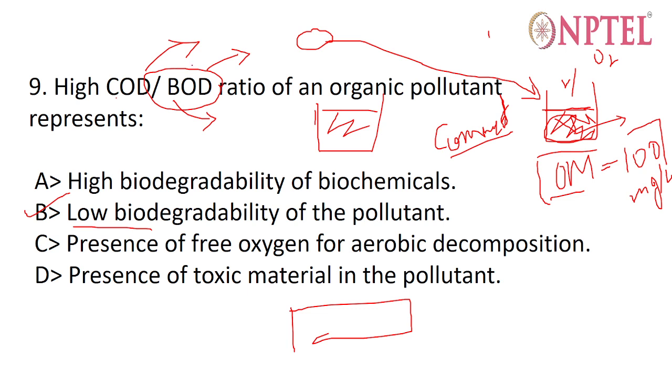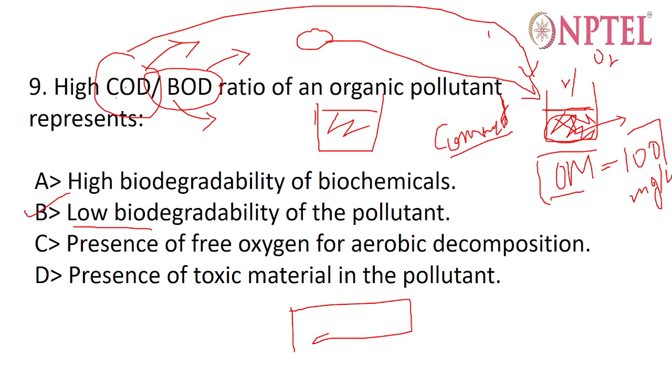So actually this BOD is consumed by the bacteria or the microorganisms, right? In case of COD, I will add some kind of chemical, maybe potassium permanganate, and then I will determine how much dissolved oxygen is present here. What was the initial dissolved oxygen and what is the dissolved oxygen after degradation or after oxidation.